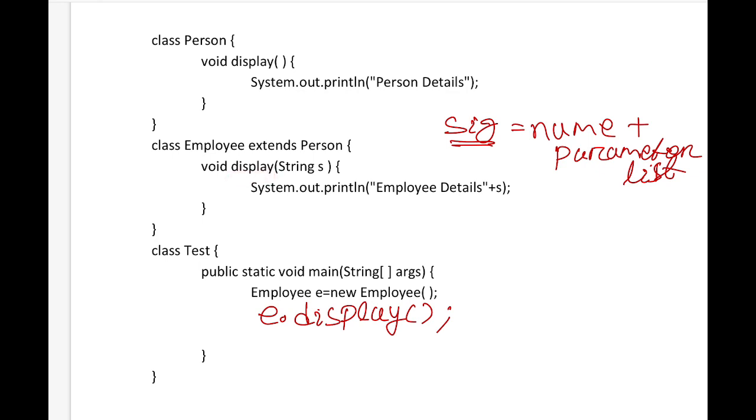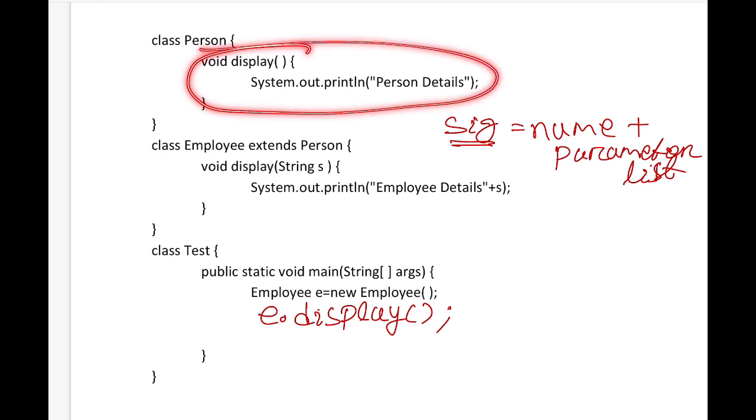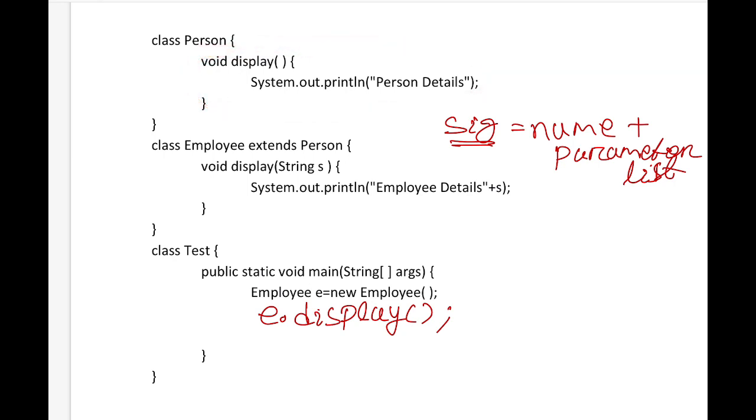But here you can observe the parameter list is empty, but here it is taking one parameter, so the signature is not matching. That's why it is going to search this display method in the superclass of employee class, that means in the person class, and in the person class it finds the display method and the signature is also matching, so it is going to execute this method and it prints person details.